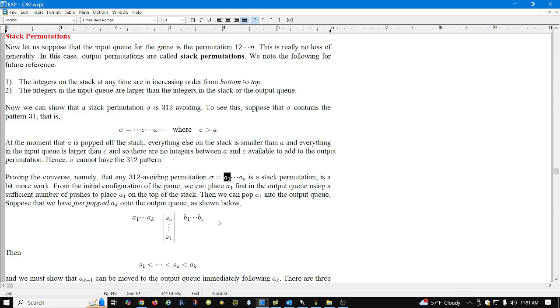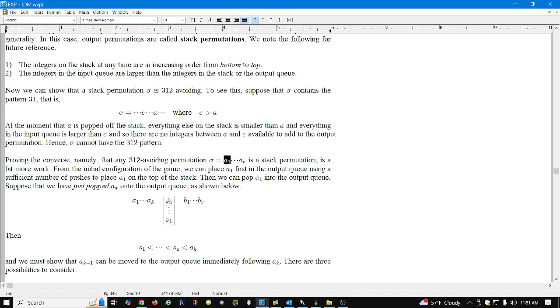So suppose that we have just popped AK onto the output queue, and that up to that point we have A1 through AK on the output queue. So it looks like this. So far so good, A1 through AK, some stuff on the stack, the rest of the input queue.